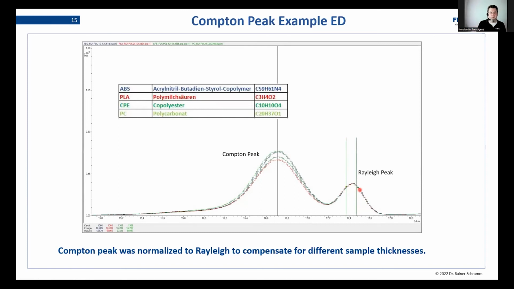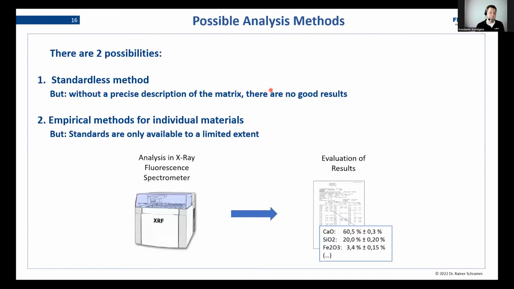And you can see that the Compton peak varies, and you can tie that directly to the chemical formula of your polymer. So what we have in the end is a way to estimate by X-ray measurement the composition of our polymer, or to tell a difference. And we can use that as a correction factor.